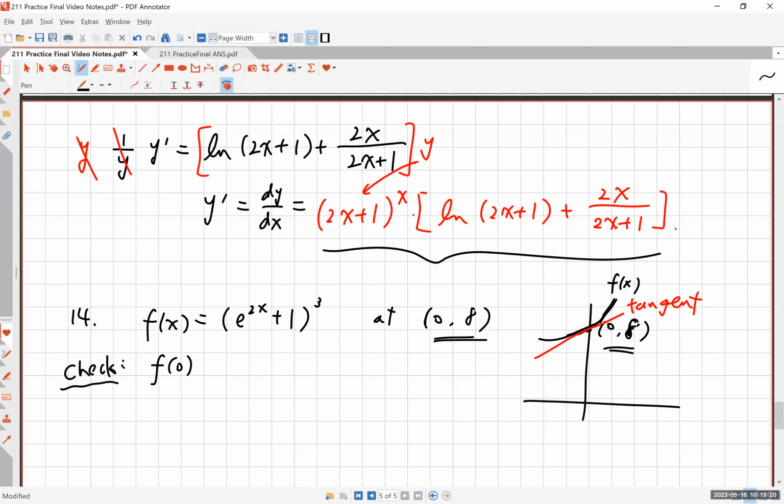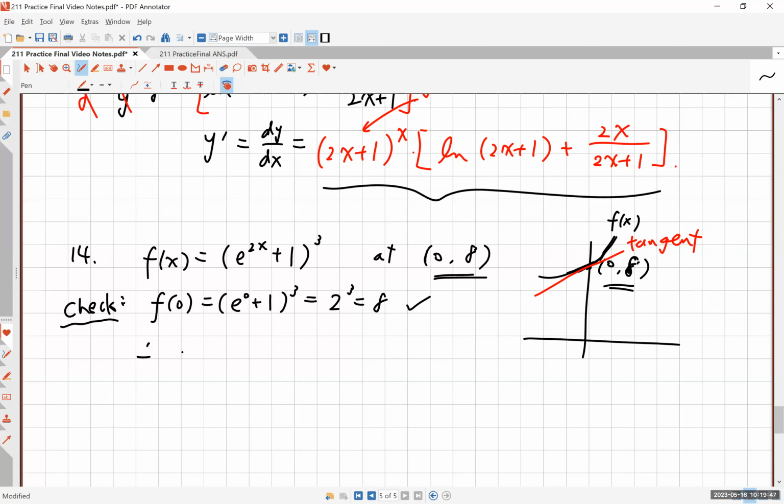You don't have to do that, but I think it's important for you to know that the problem is doable before you start. Okay, so when you plug in 0 for x, you have (e^0 + 1)^3, and of course that's (1 + 1)^3, that's 2 to the 3rd power, which is 8. So yes, this graph does go through (0, 8), and now we can start the problem.